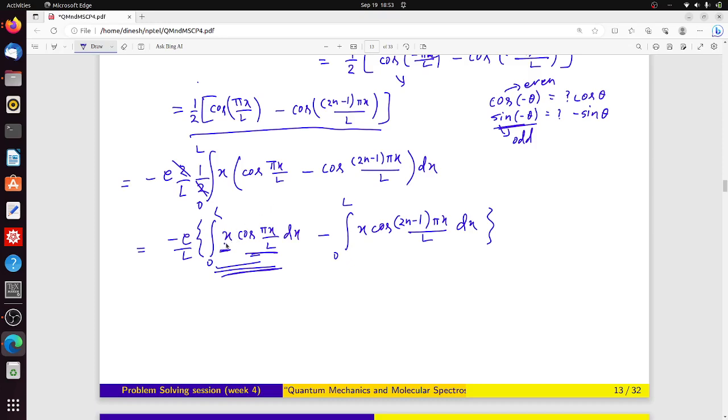See, this is x, right? If I do repeated derivatives, it will vanish eventually. But if I differentiate the cos term, it will oscillate from cos to sine, then sine to cos, right? So it will be wise to integrate this term and differentiate x while applying integration by parts.